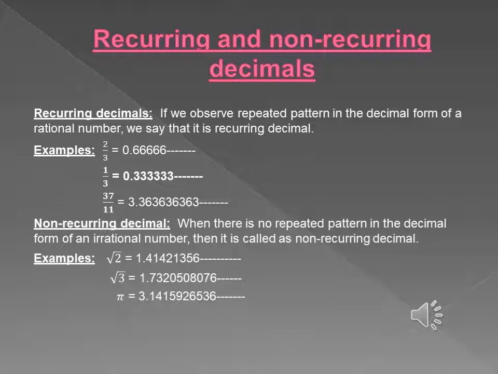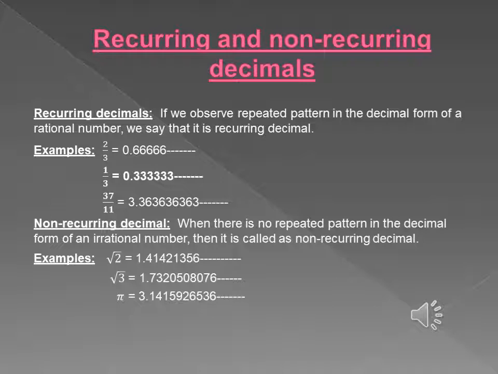When we convert the irrational numbers into the decimal form, we get a non-repeated pattern in the decimal form. Then we say that it is a non-recurring decimal. It happens only in irrational numbers.